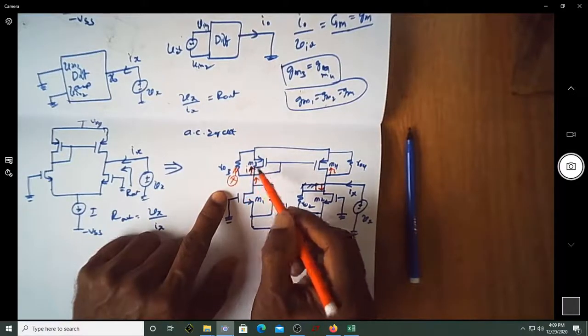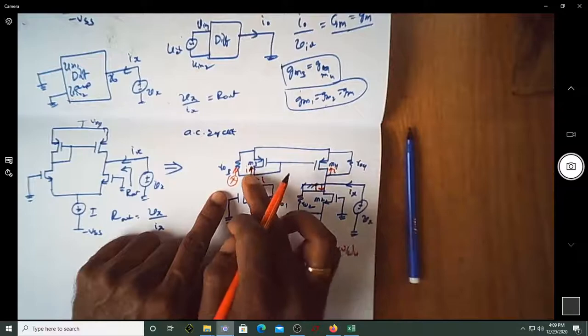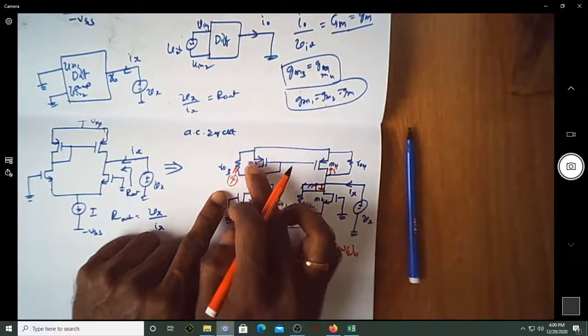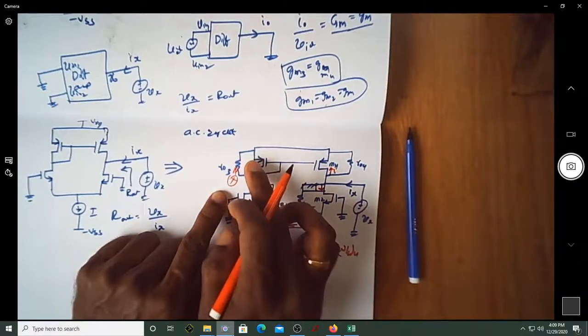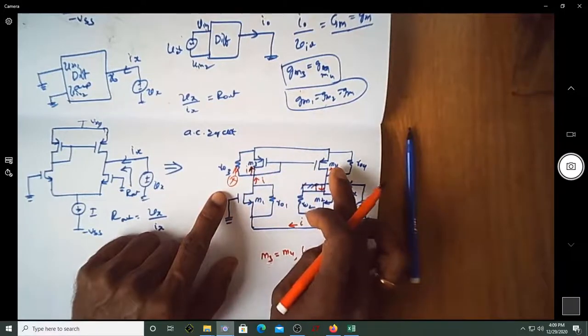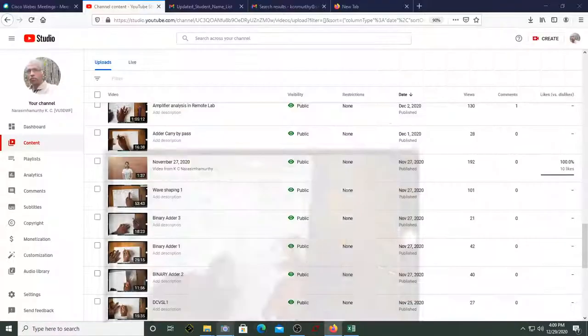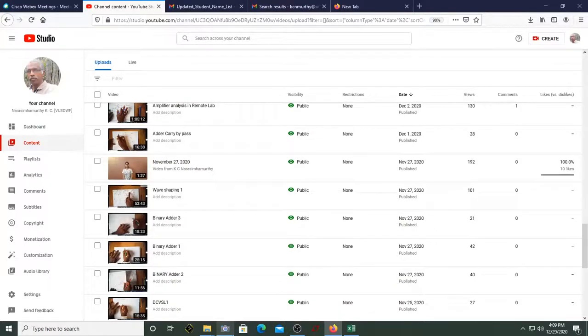Since this is acting like a current mirror, if some current I is flowing through this transistor, the same amount of current will flow through M4, because we are assuming M3 and M4 are perfectly matched in dimension and all other parameters. Of course, I will write this also as AC ground.